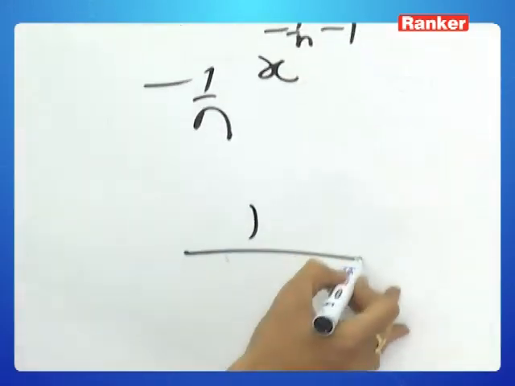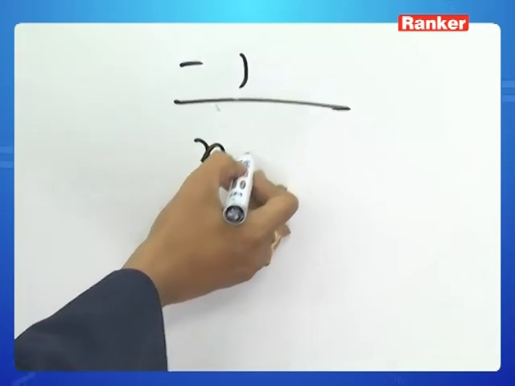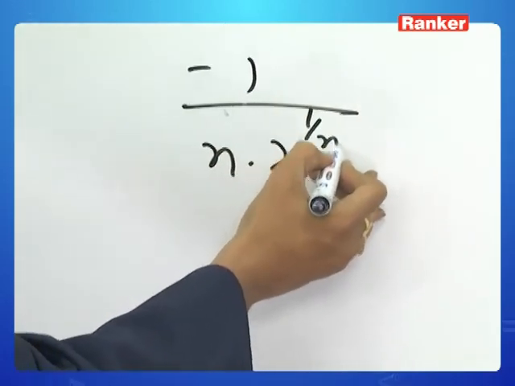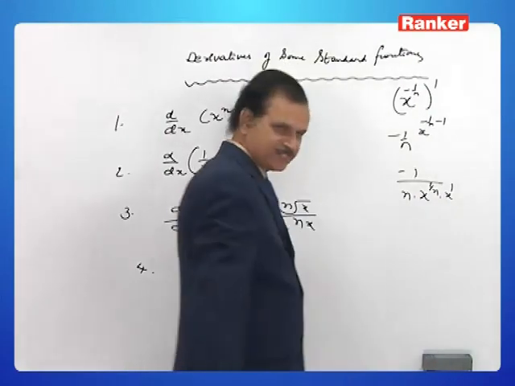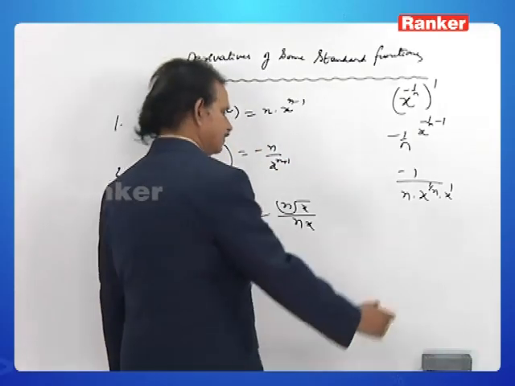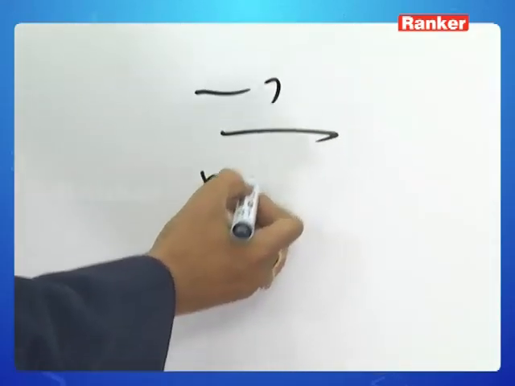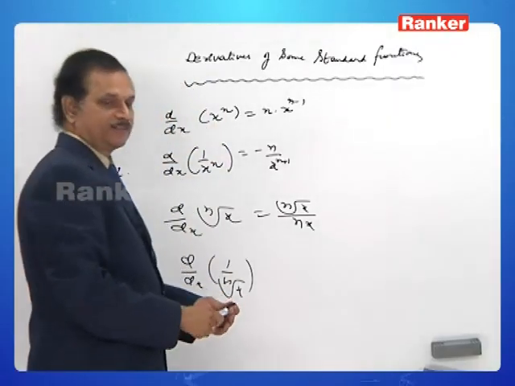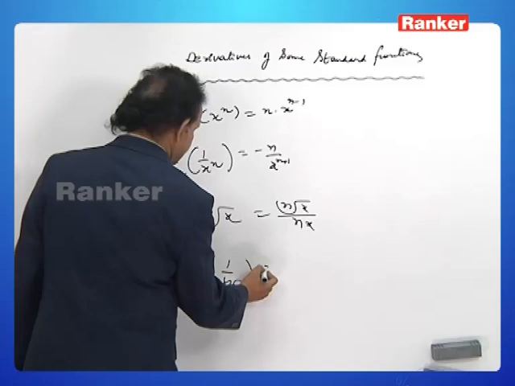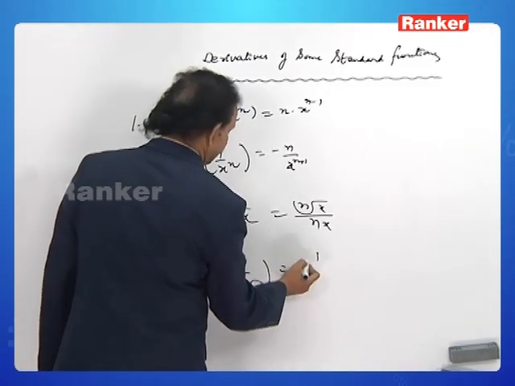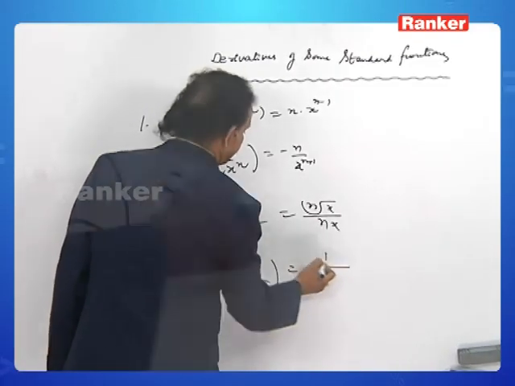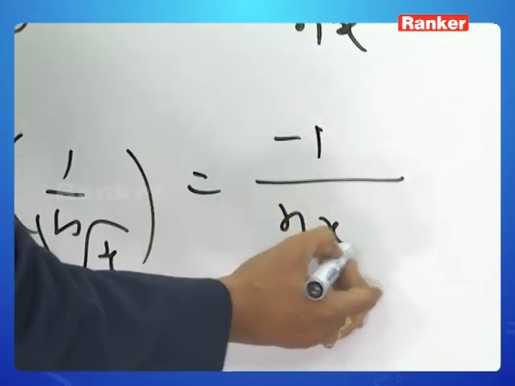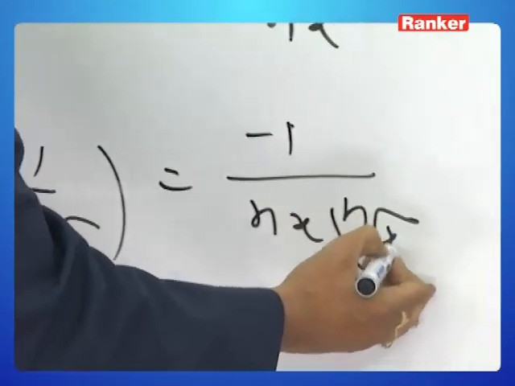It's just nothing but minus 1 by n into x power 1 by n into x power 1. Isn't it? You can trace this as minus 1 by nx into nth root of x. So what is the derivative of 1 by nth root of x? This is nothing but minus 1 by nx into nth root of x.